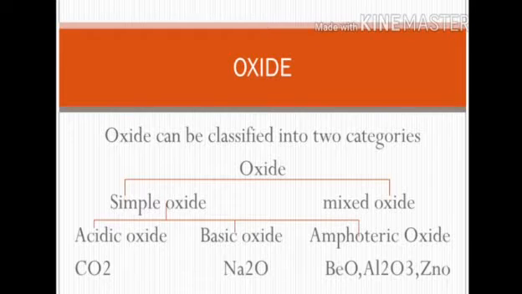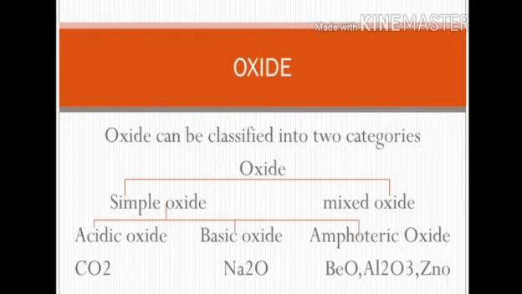For example, if I take the third period, the first element, sodium, forms Na2O. It is strongly basic. The next element in the third period is magnesium. Magnesium oxide, MgO, is less basic. And the next element, aluminium, Al2O3 is amphoteric.